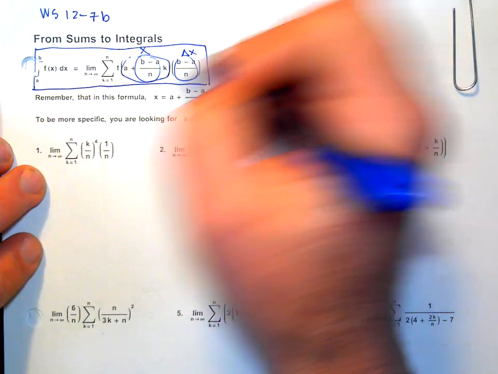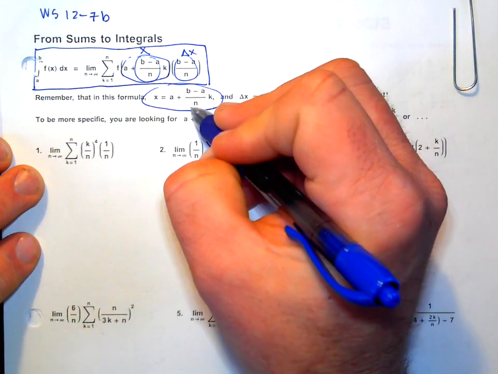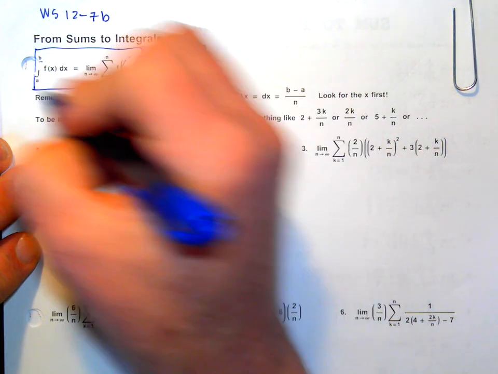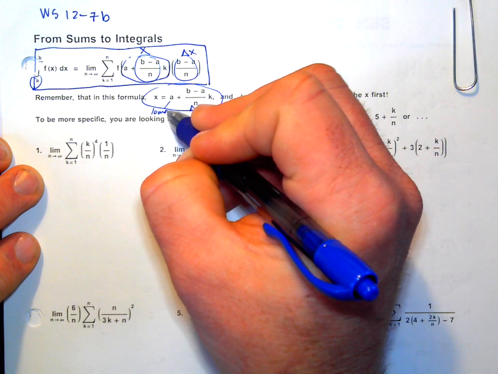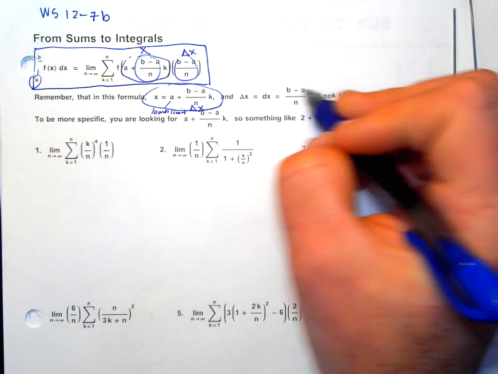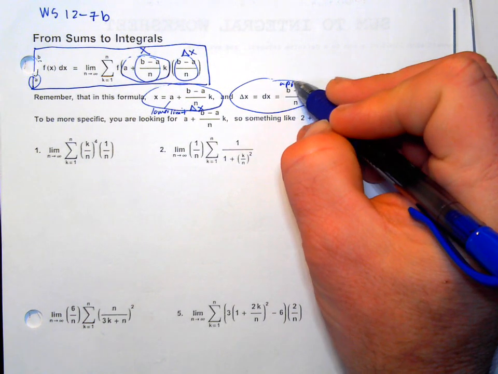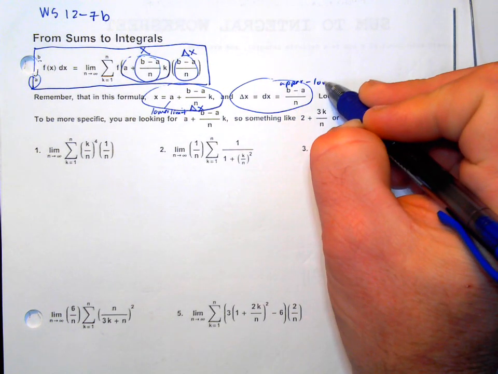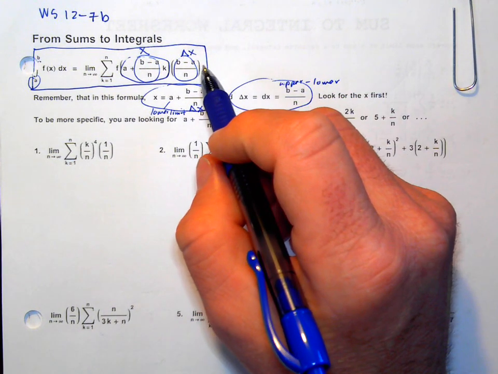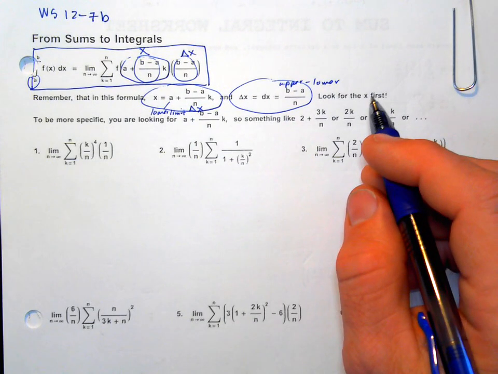So this is what we've been doing, and here it says x equals the lower limit plus k delta x, and delta x equals the upper minus the lower limit, over n. Now, don't memorize that, because it's just asking how wide all the slices are going to be. We'll find the difference and divide by the number of slices.